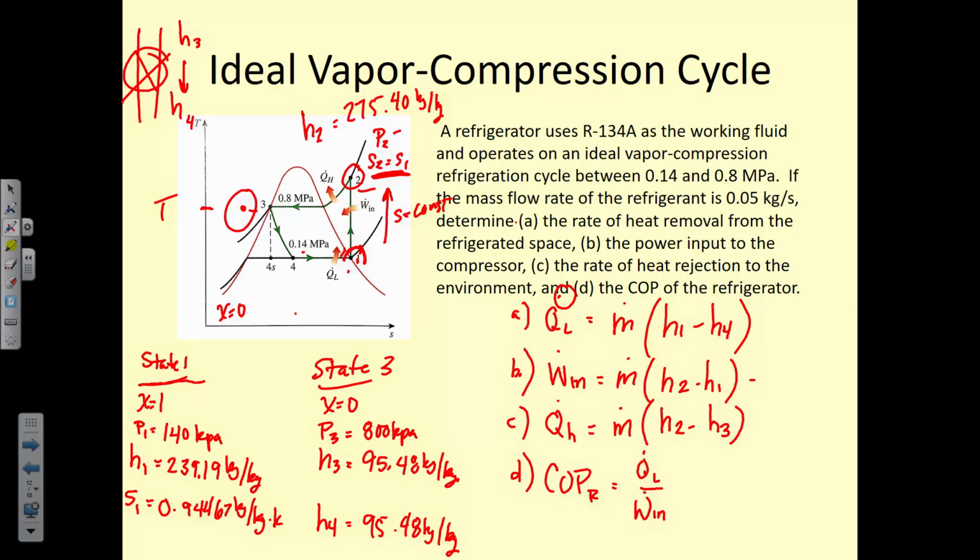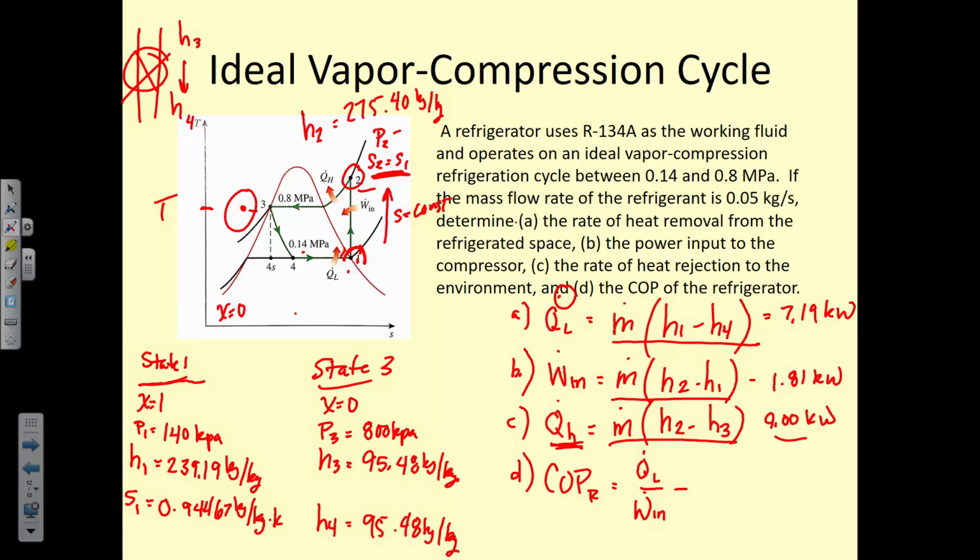Okay, so now we can just start plugging numbers into our equations. So we know H1, H4, H2, H1, H2, H3, and then we'll calculate that. If we put in the numbers for this, we get 7.19 kilowatts, 1.81 kilowatts, 9.00 kilowatts, which incidentally, Q sub H is 9 kilowatts.